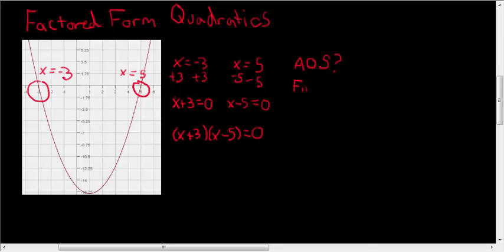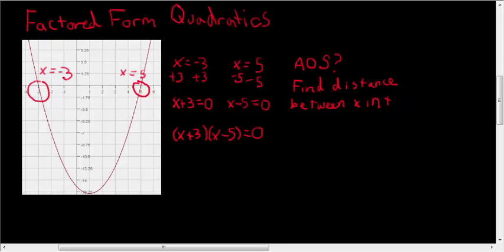So we need to find the distance between the two x-intercepts because we know the axis of symmetry is going to lie right in the middle of those two points because quadratics are symmetrical. So if we look at these two values and we think of this as a number line here, we go from -3 to +5.